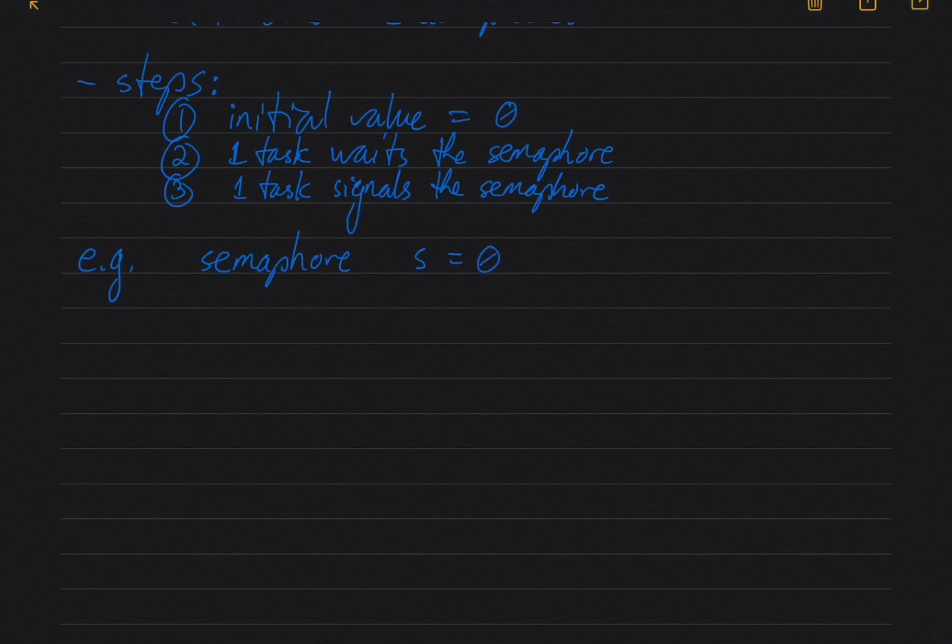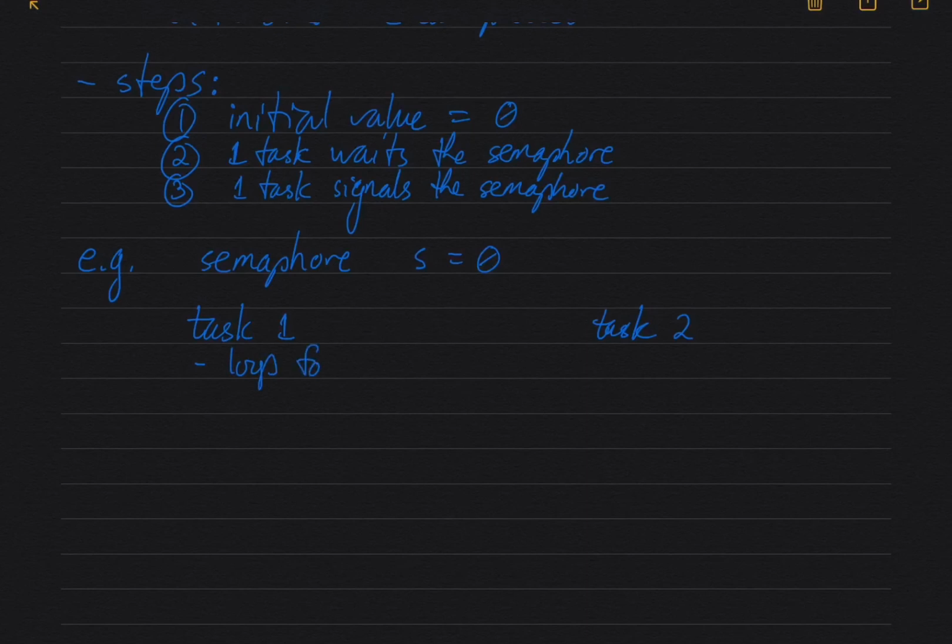Okay, so there's our initialization, and we'll have two tasks. Let's draw them side by side. So task 1 and task 2. Task 1 is going to do, let's use that infinite loop style that I showed you back when we did the scheduling, I believe it was.